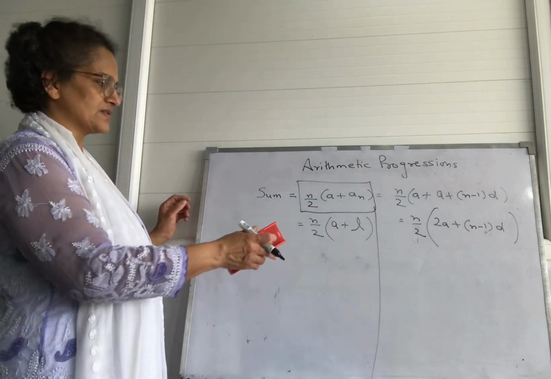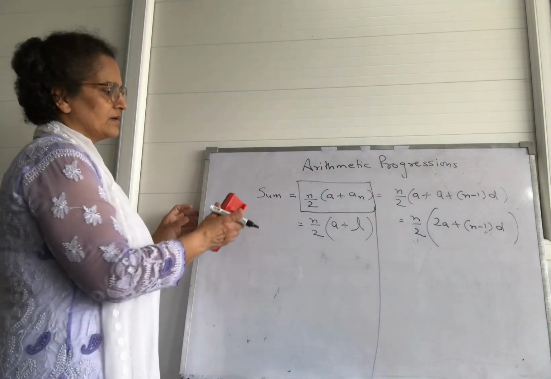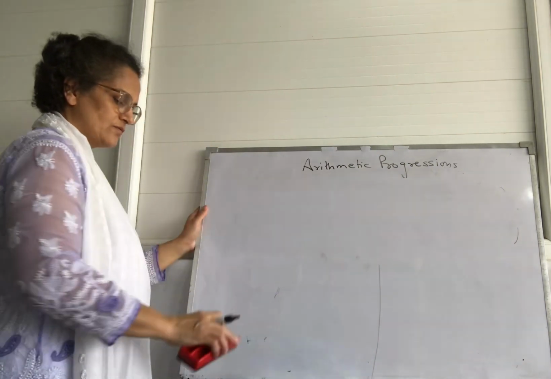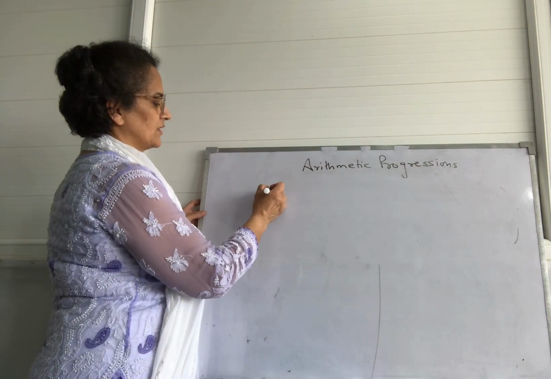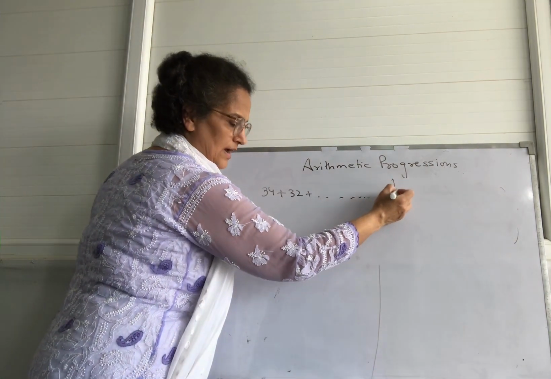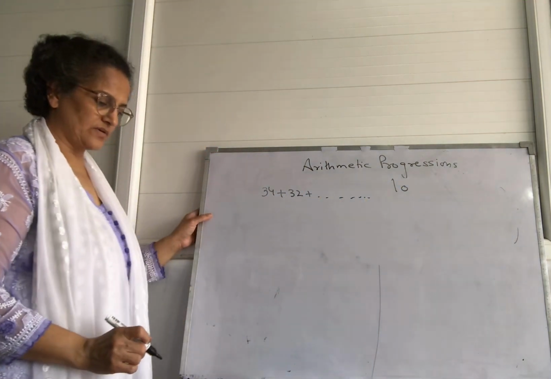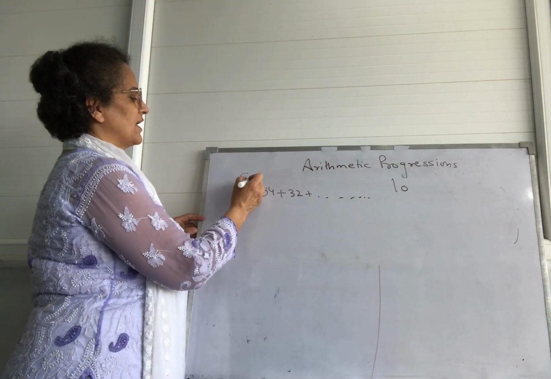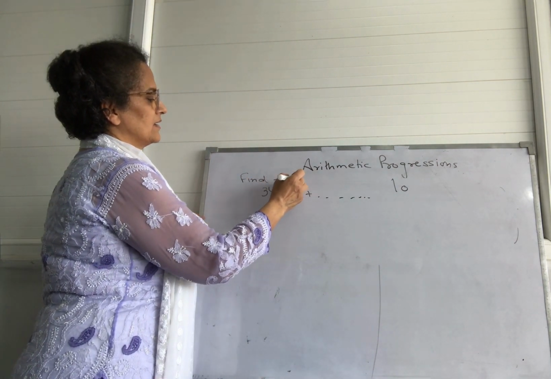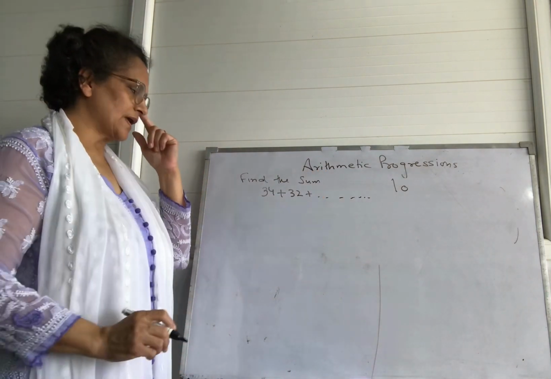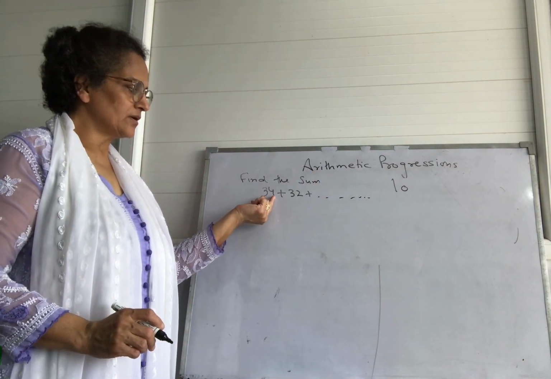So let's understand this with an example. If they have given you a question 34 plus 32 plus, and the last term they have given as 10, and they are asking to find the sum. First thing, what do you get?